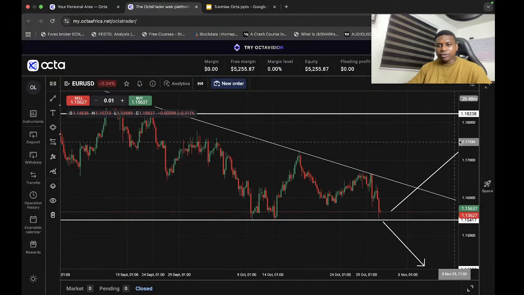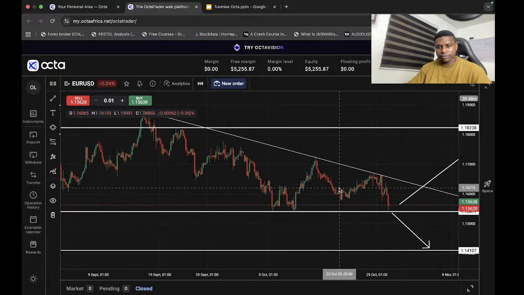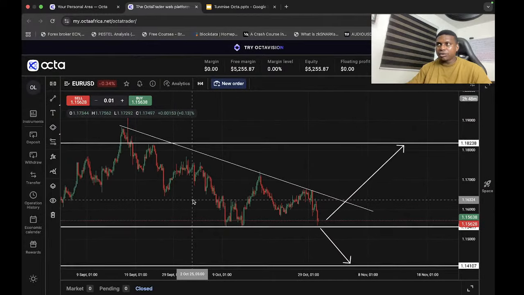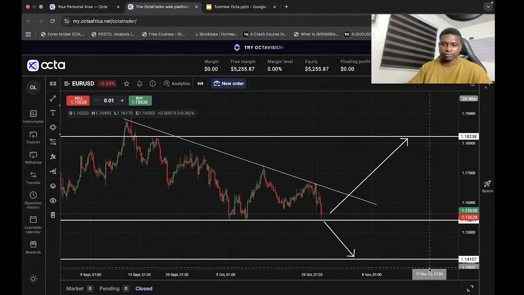There is a higher likelihood that price will break down further from what we can see.